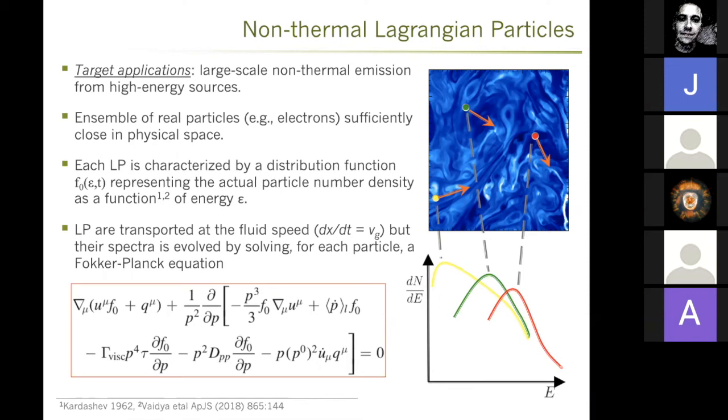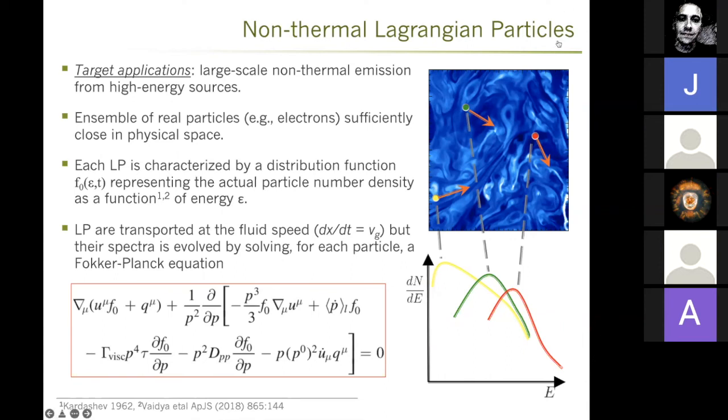The idea is very simple. A particle will not be a real particle. It will instead be a collection of particles, let's say electrons, which are sufficiently close in physical space. Therefore, a green dot, a macro particle, is a very large collection of particles that are in the same physical space but very different in energy.